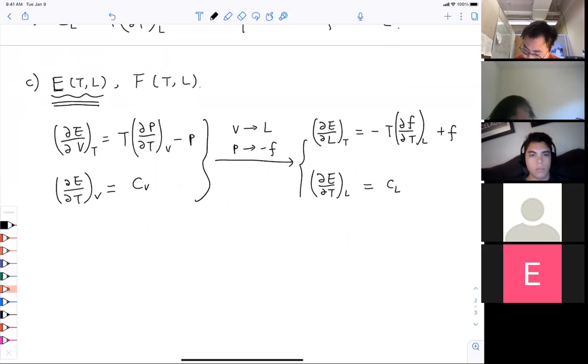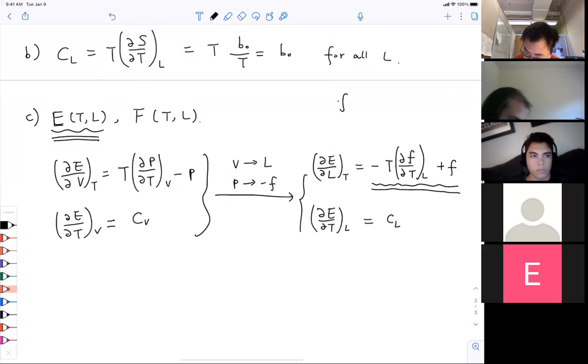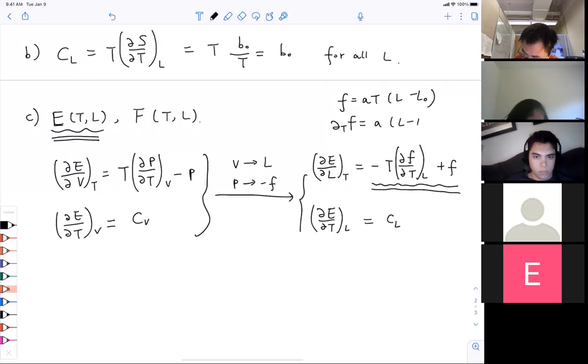We can calculate the right-hand side of the first equation from the equation of state, F equals A T (L minus L naught). You take a partial derivative and you get A (L minus L naught). And you notice that the right-hand side of this first equation vanishes.